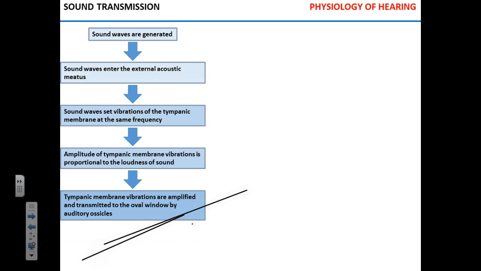Now, a very important point here. If you would look at your models, take a glance at the stapes, the surface under the stapes, and the total surface of the tympanic membrane. Tympanic membrane is larger, about 20 times larger in surface than the oval window.